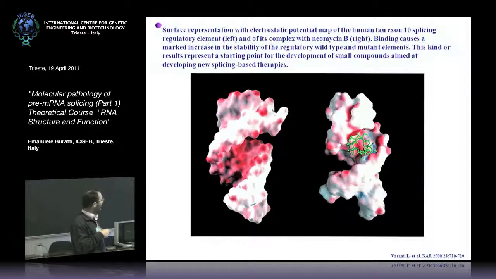So if you can model this stem loop through X-ray crystallography or NMR, then you can start to think about making molecules which can stabilize this stem loop also in the presence of mutations, and therefore you can recover correct 5' splice site usage in people who are affected by disease.